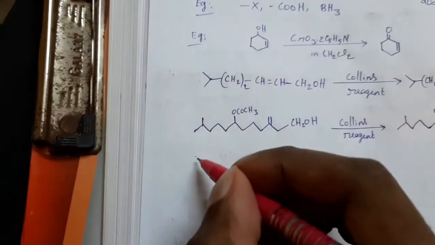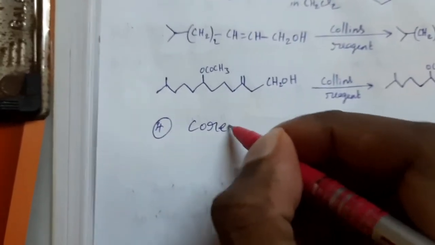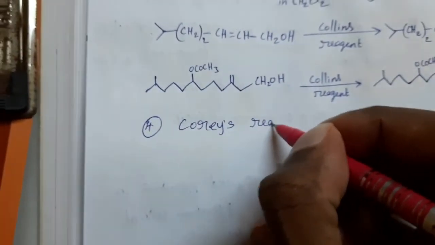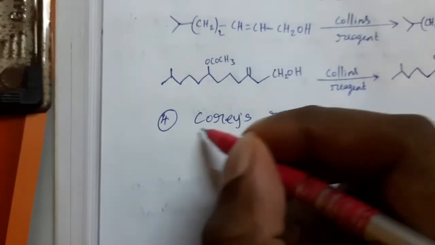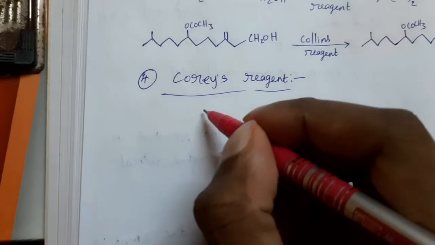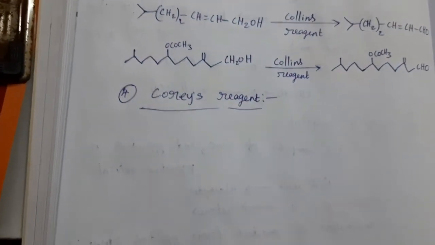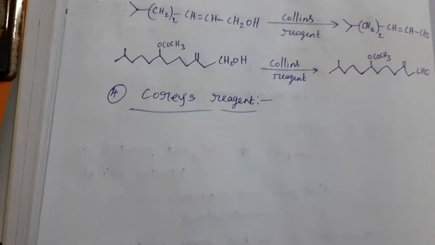Next one is the fourth one, Corey's reagent. It is obtained from chromium trioxide, pyridine, HCl, and methylene chloride.